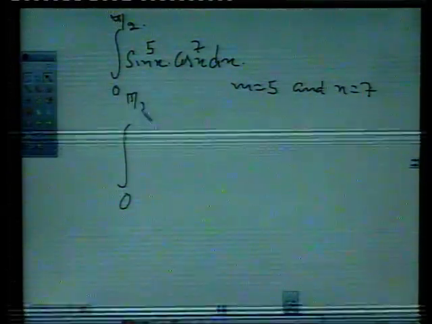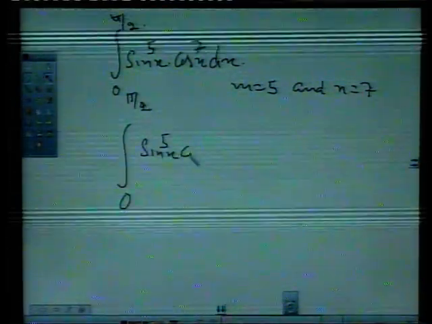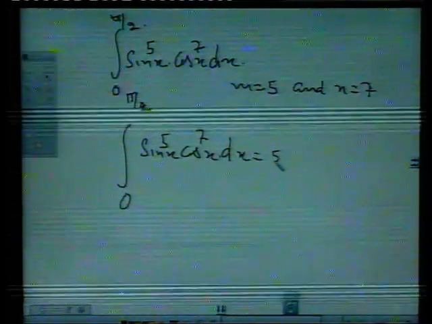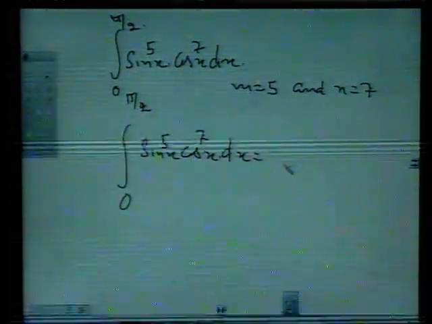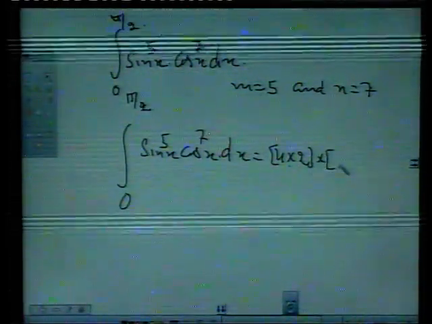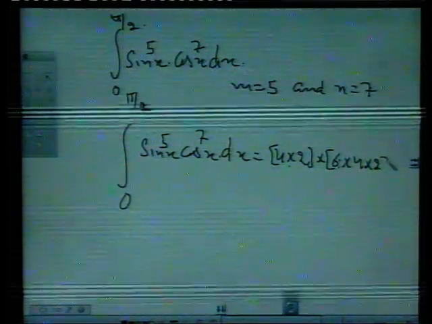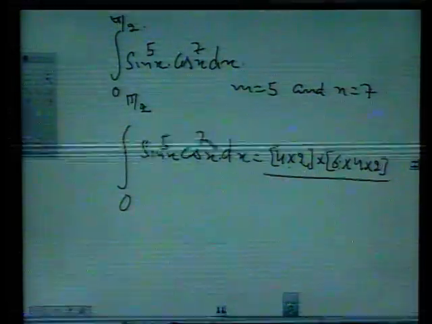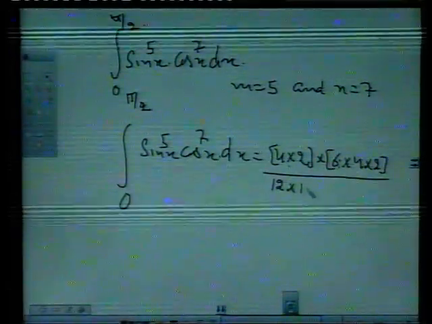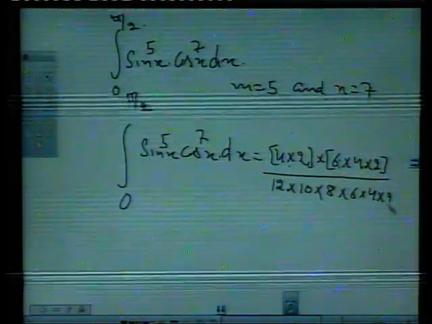Answer for this integral, with cos x raised to power 7 dx, is 5 minus 1, which is 4, 4 2, multiply by 6, 7 minus 1 is 6, 6 4 2, divided by 7 plus 5, 12, 10, 8 6 4 2.